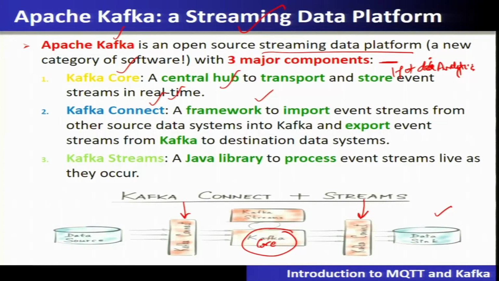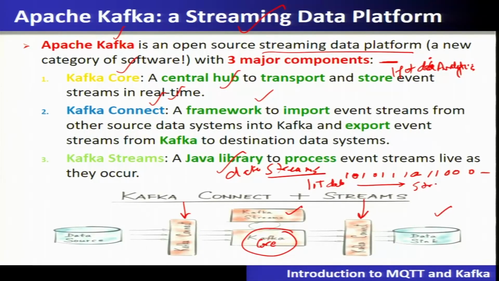Kafka Streams is a library to process the event stream live as events occur. When you talk about data streams, if it is IoT data, it will be sending bits of data in this particular stream. This is called a stream of data.